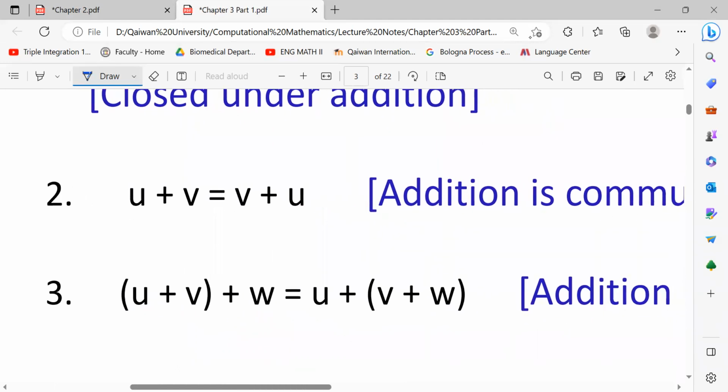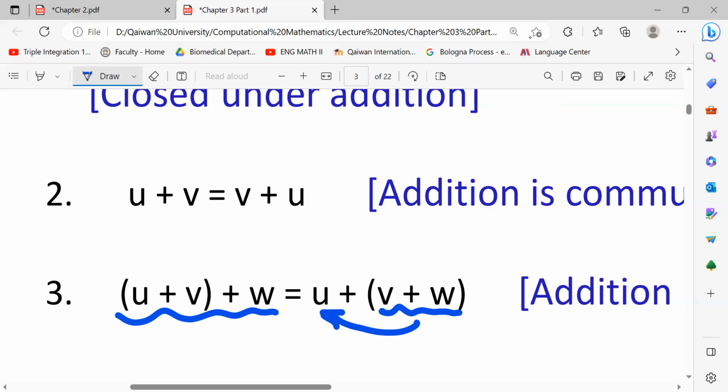The third one is that it's associative with addition. If we have three vectors, and we add the first two and then add the third one, it must be the same as if we add the last two and then add the first one.